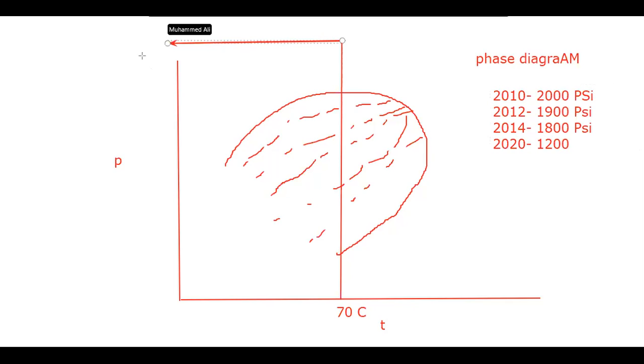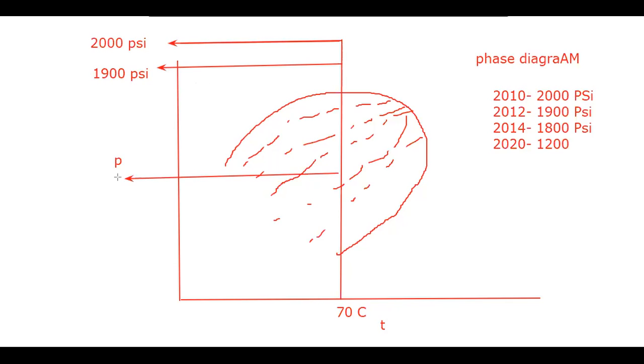As I said, for 1900, maybe the situation is like that. Or if you have, let's say, 1800 or 1200 psi, maybe 1200 is like here.